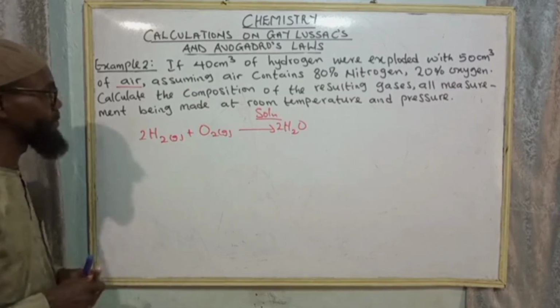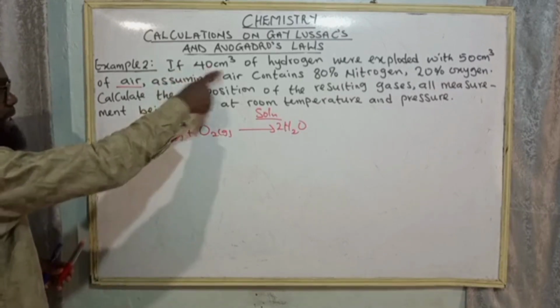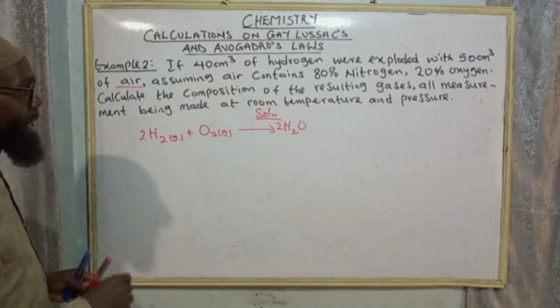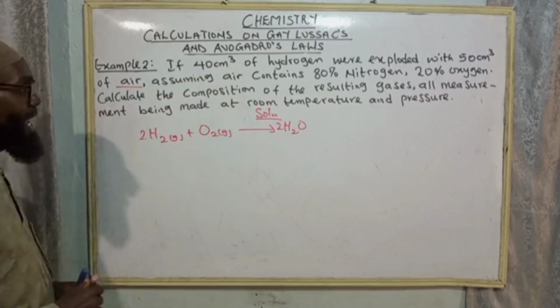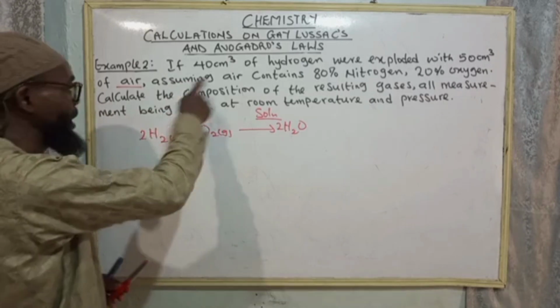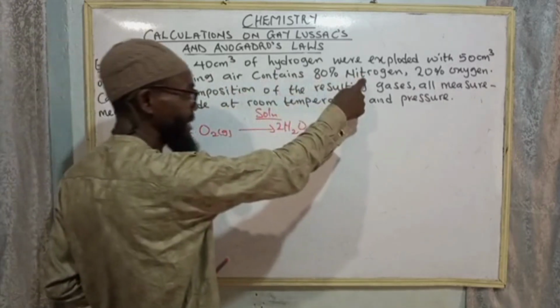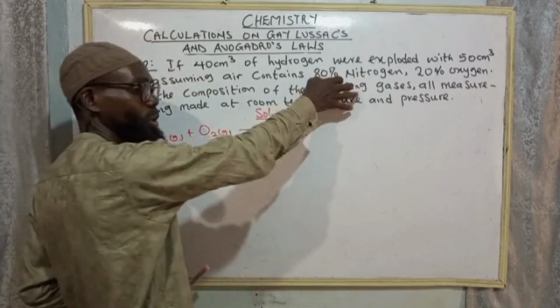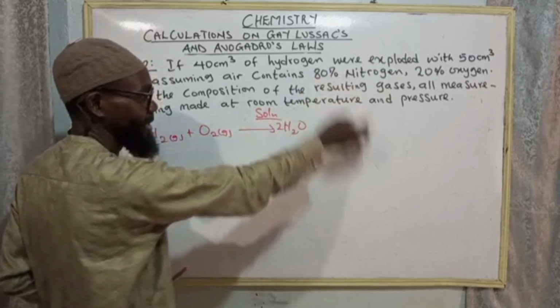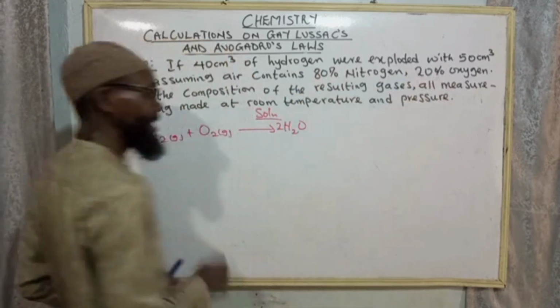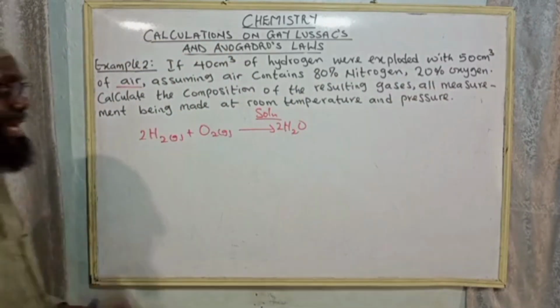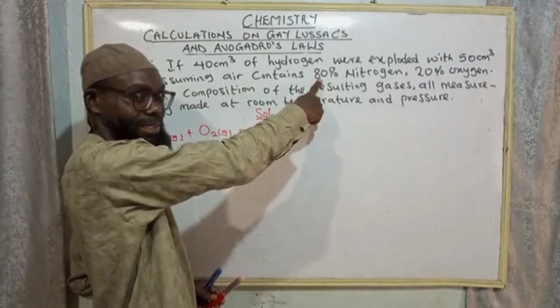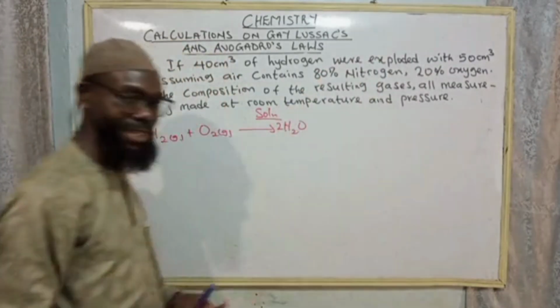Now let's proceed. If 40 cm cube of hydrogen were exploded with 50 cm cube of air, assuming air contains 80% nitrogen, we have to know the amount of nitrogen, then the amount of oxygen in that air. But don't forget that nitrogen is not reacting, only oxygen is reacting in air.